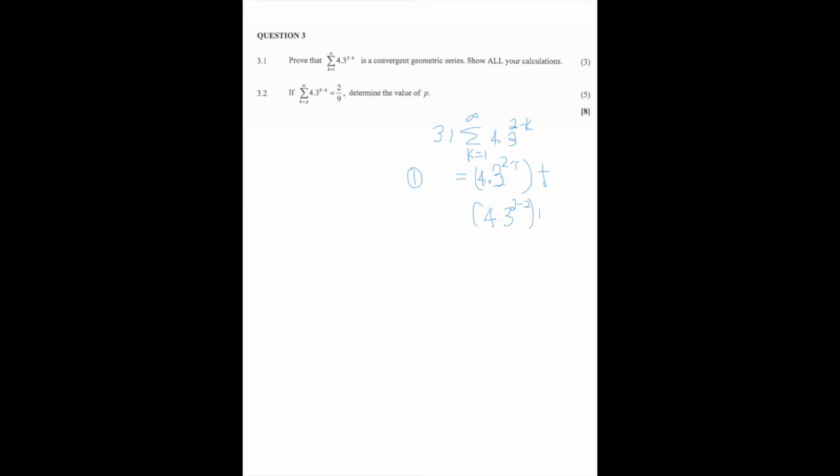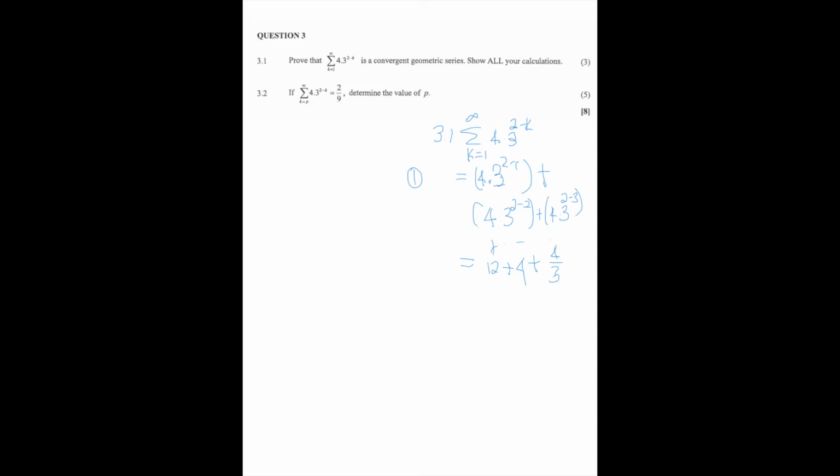And the third term would be 4 times 3 to the power of 2 minus 3, plus going on, because it goes all the way to infinity. This can be written as 4 times 3 is 12, plus 4 times 3 to the 0 is 4, plus 4 times 3 to the minus 1 is 4 over 3.